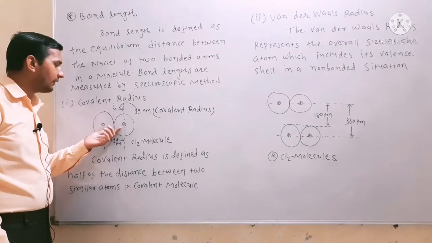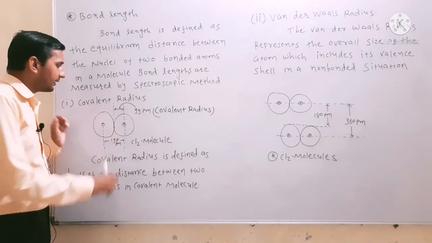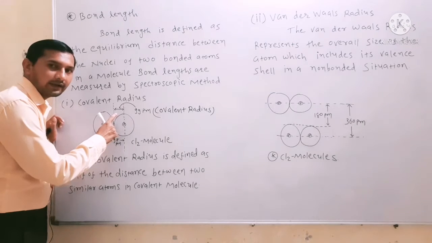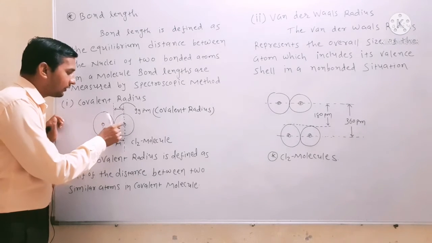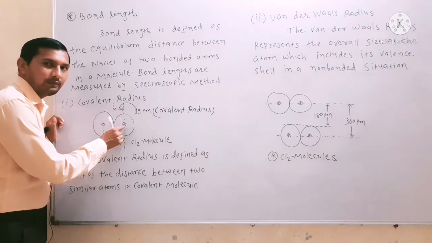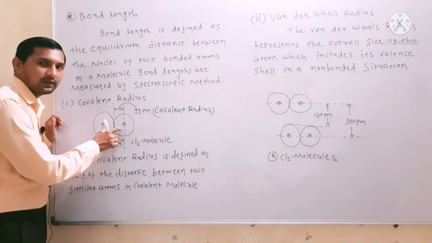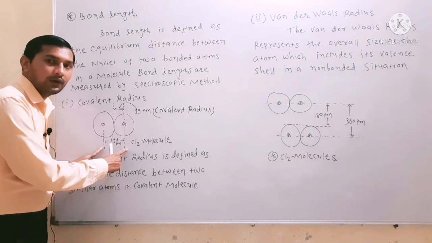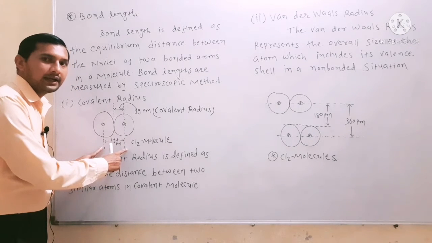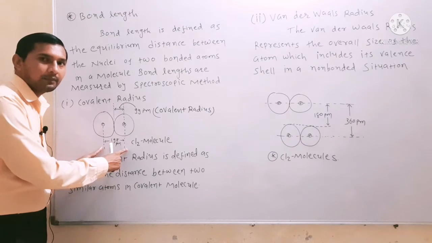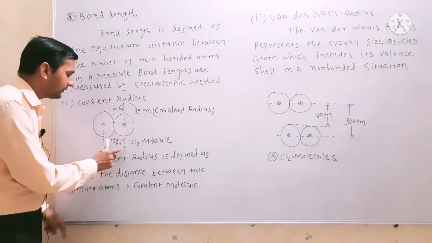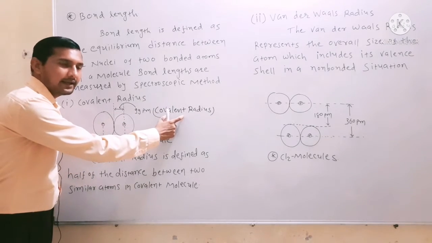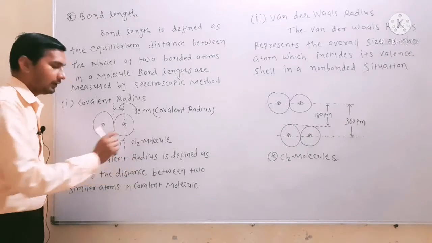Covalent radius is defined as the distance from the nucleus to its outermost core electrons, and this is not measured in isolation, so we measure it in terms of a molecule. First, we determine the distance between two centers, or nuclei, of a molecule and then divide by 2, or take the half distance, and we get the atomic radius, or covalent radius, of the given molecule.